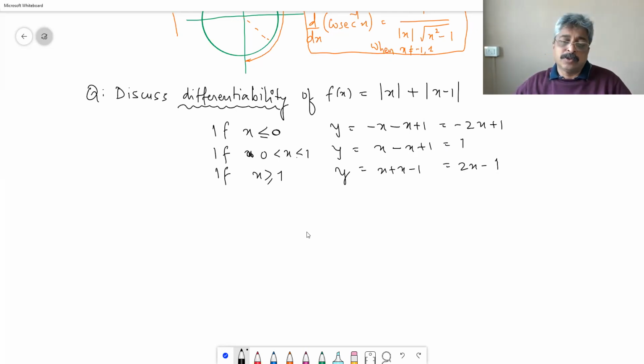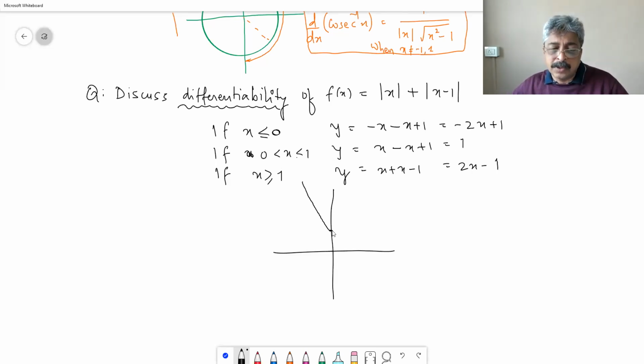So the graph of this is going to be, to the left, it will follow minus 2x plus 1. So this is 1 and slope is minus 2. Between these two, the answer is 1. So it will go up to 1.